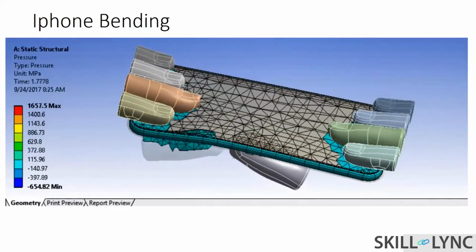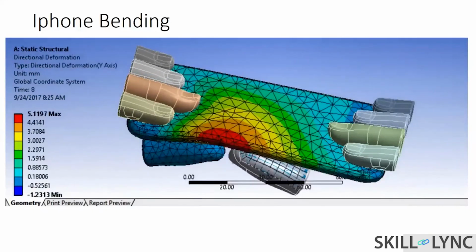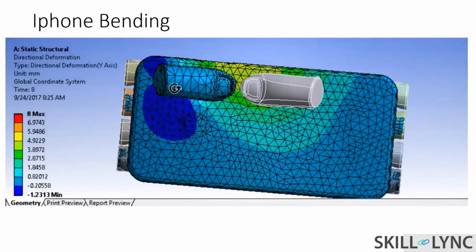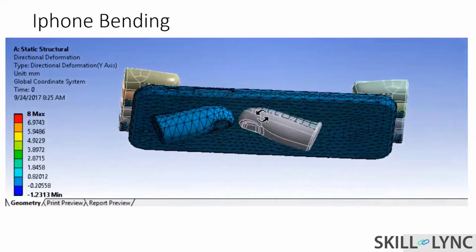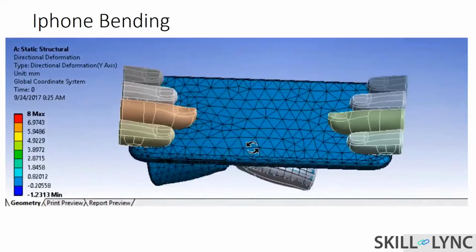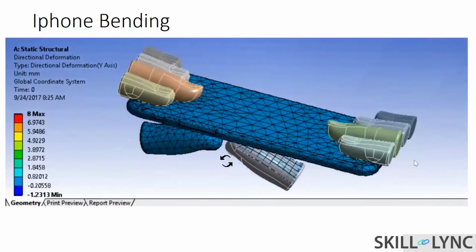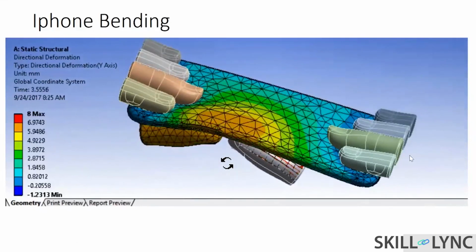It's like playing around with different values. When you give different values, some parts will stress and some will not deform at all. This is a simulation showing how we could run a simulation for iPhone bending. This is one thing we would cover during our classes.